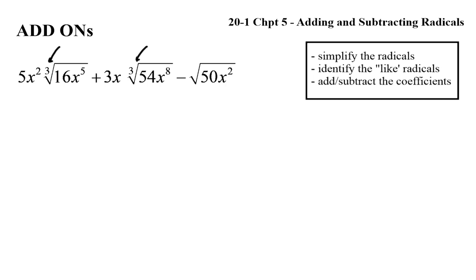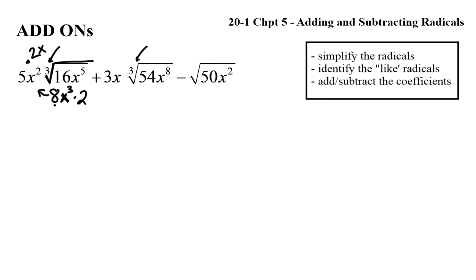Well, cube roots. So now I need my 16x to the 5 to be a cube root. Well, that would be an 8x cubed. I can cube root 8, which is 2, and I can cube root x cubed, which is x. So this is going to be times 2x when I root that out.